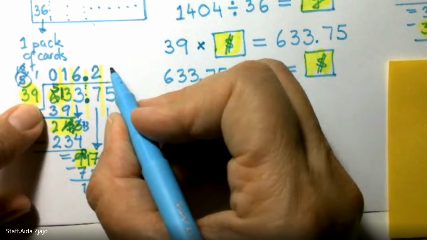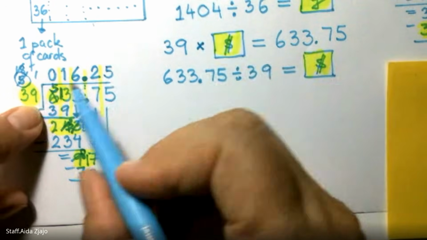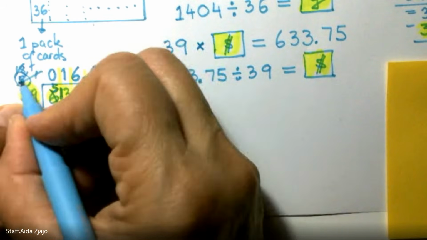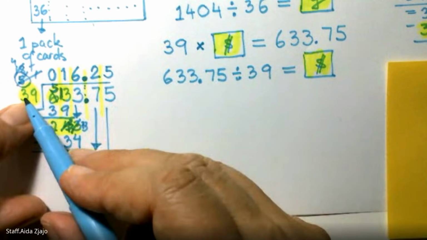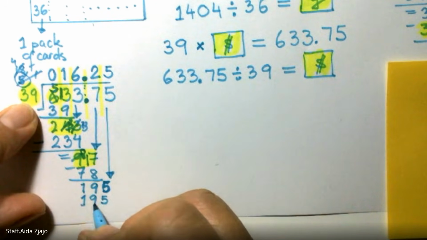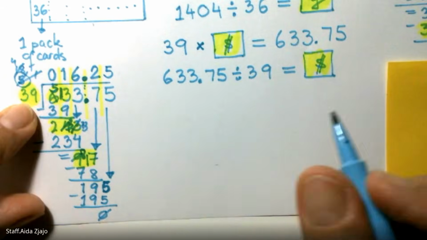But I'd rather try 5, because let's see if 5 times 9 is 45. I remember 4. And 5 times 3 is 15 plus 4 is 19. And that is a perfect number. There is no leftover.